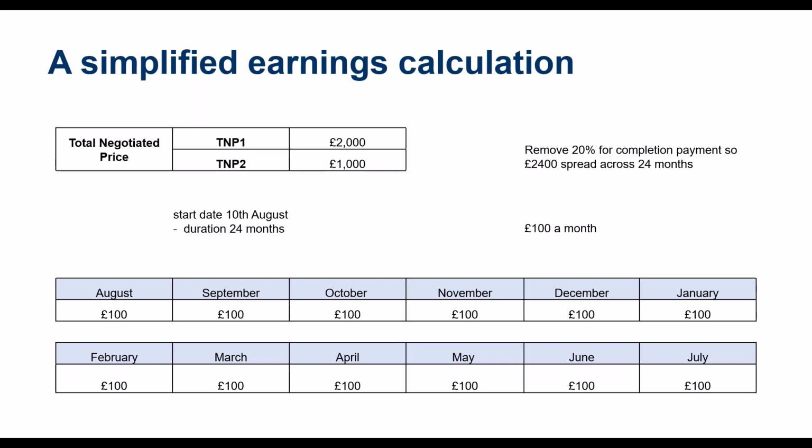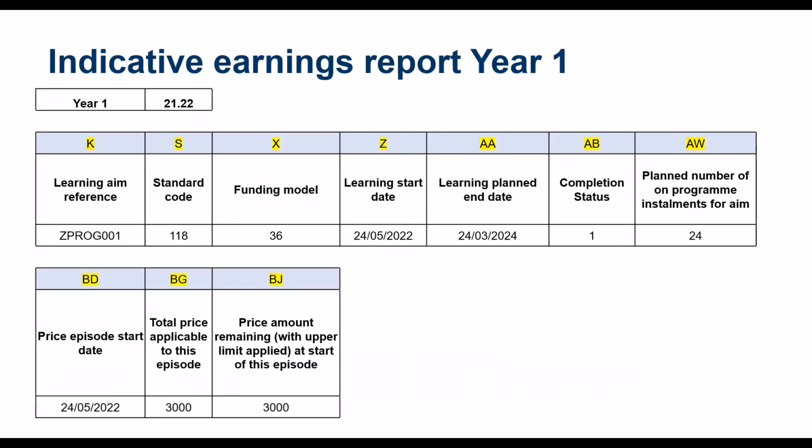So in the specifics of the learner referenced above, we have a total negotiated price of £3,000 at the top there, TNP1 and TNP2, adding up to £3,000, with 20% or £600 removed for completion. The rest is divided across 24 instalments, so £100 a month, as we can see, they're laid out across the 12 months there. Okay, so if we can move on to the next slide, please.